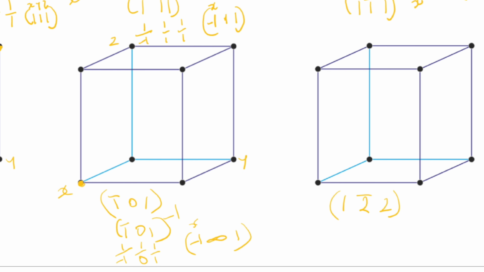So we go backwards, 0.1. So this is our origin.